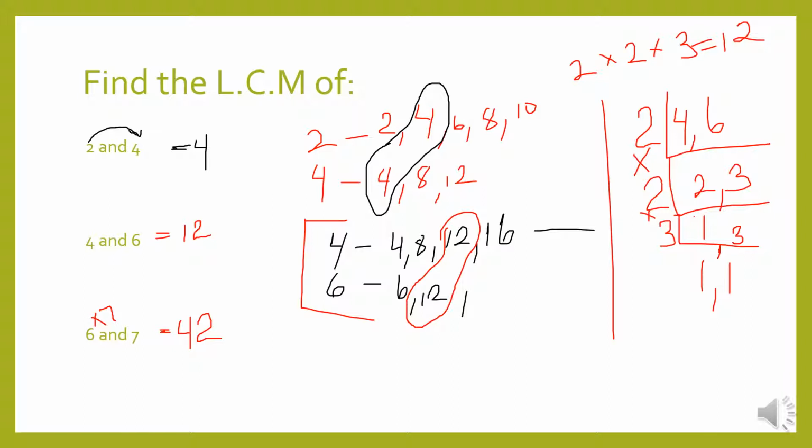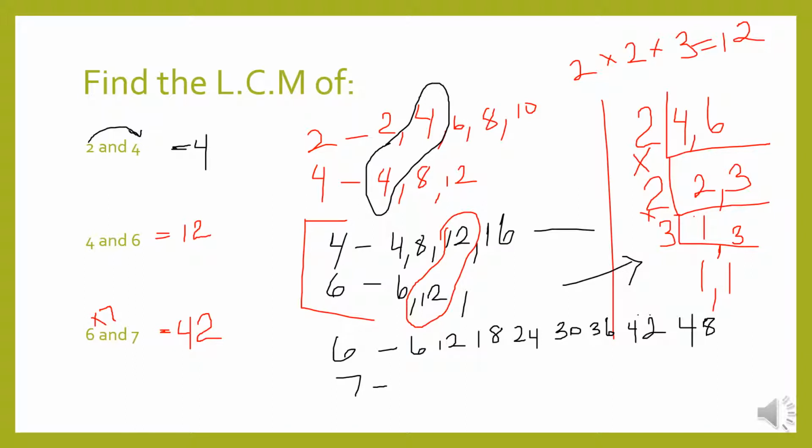Now if you don't know that, what can you do? You can write out your multiples or go to your working column and choose this method. Let's write the multiples of 6 and 7. Multiples of 6: 6, 12, 18, 24, 30, 36, 42, 48.